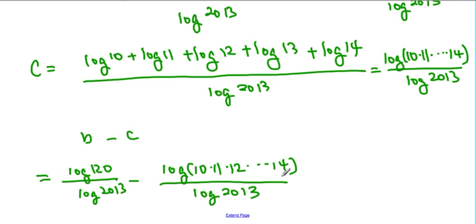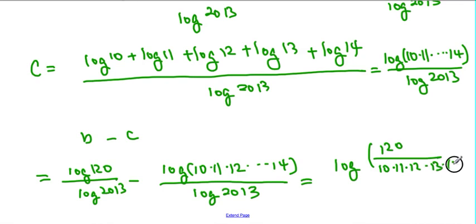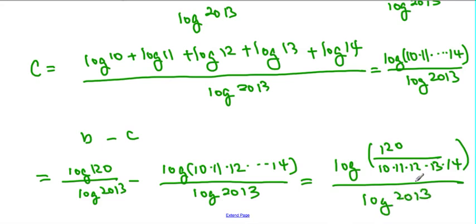Now since they have a common denominator, what we can do is you can subtract. But when you subtract, we get to realize that we get to divide here log of 120 over 10 times 11 times 12 times 13 times 14, and then all over log of 2013. Then obviously this 120 can cancel out with the 10 and 12. Then we are left with 11, 13, and 14.